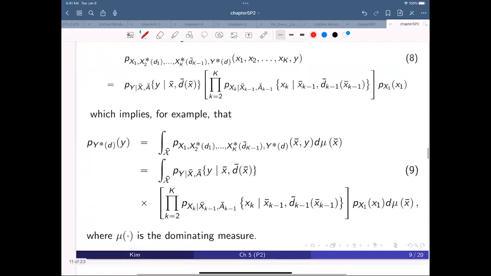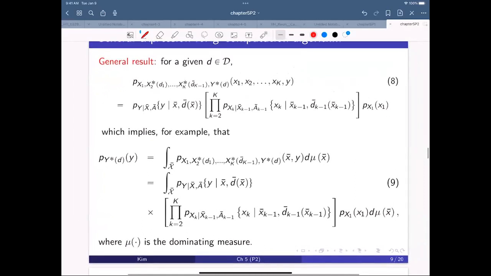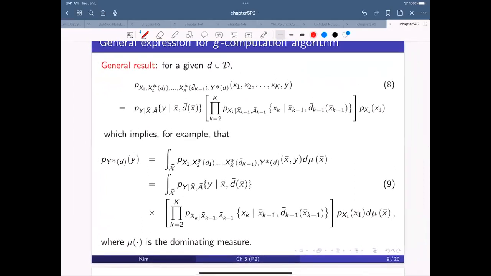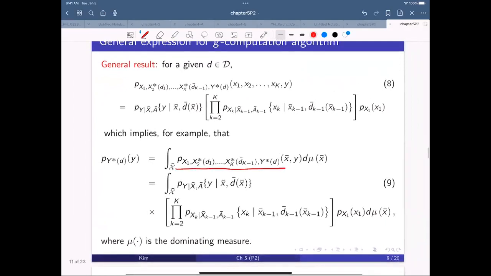That is the joint, but you may be only interested in the marginal potential density of the potential outcome of Y. That means you need to integrate out over all x's, so that you obtain only the marginal of Y.